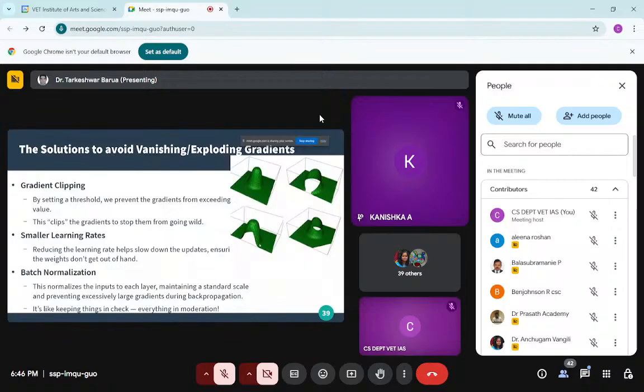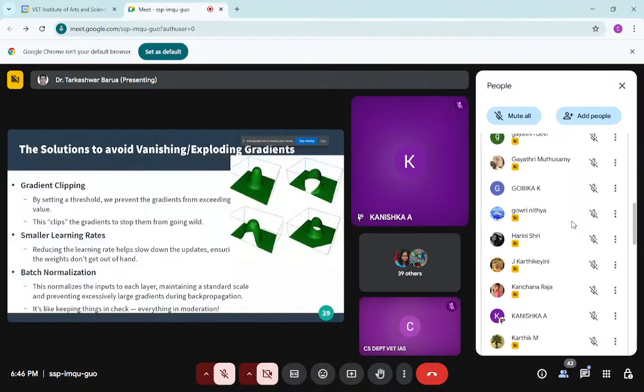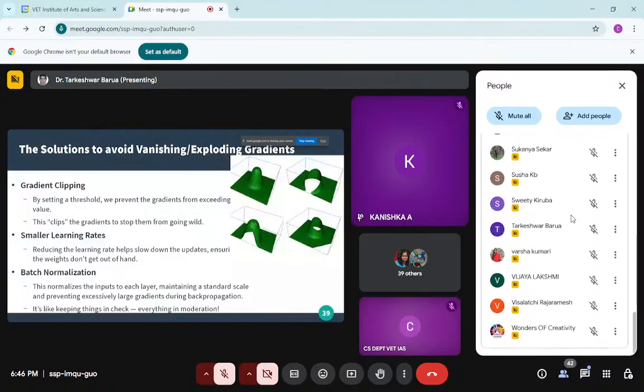Now, exploring how to overcome this problem. The first thing is gradient clipping. As you can see in many images, we have cut the topmost part, and whatever the best part is, we have clipped.